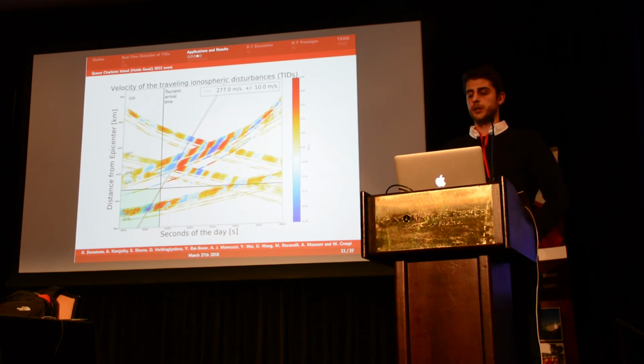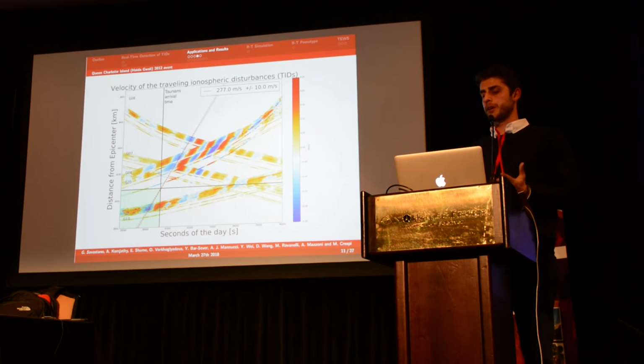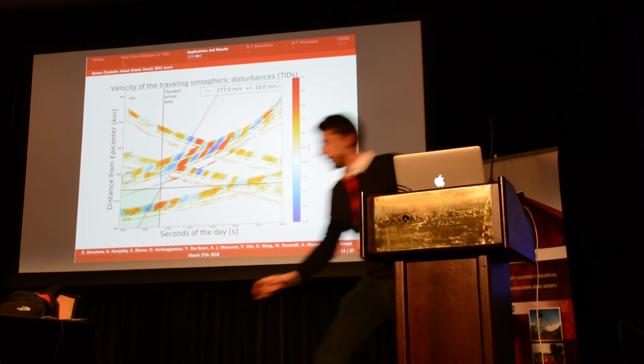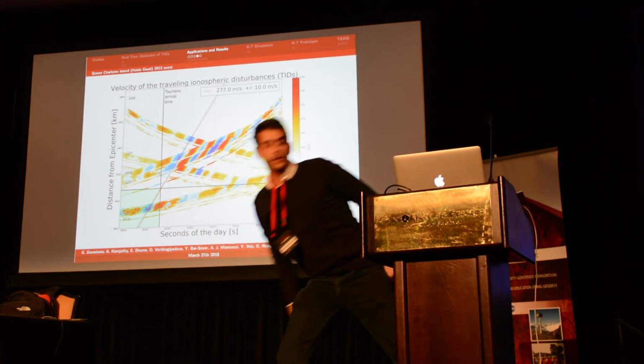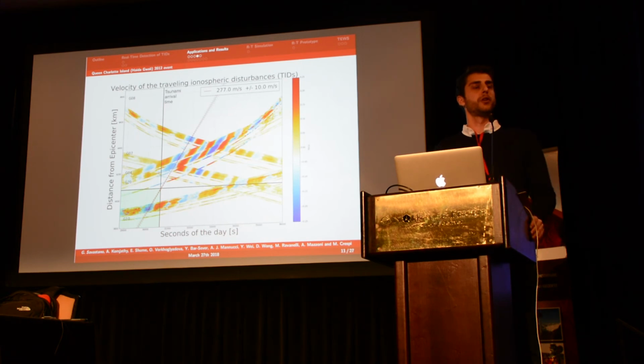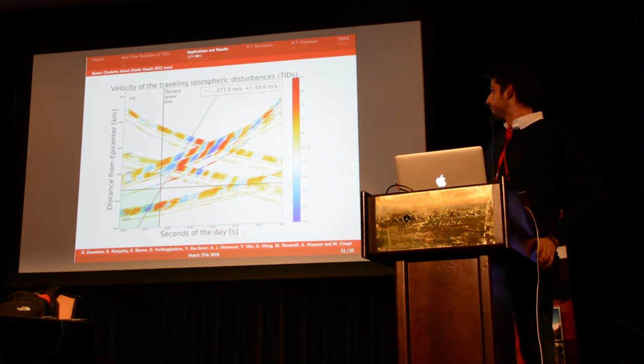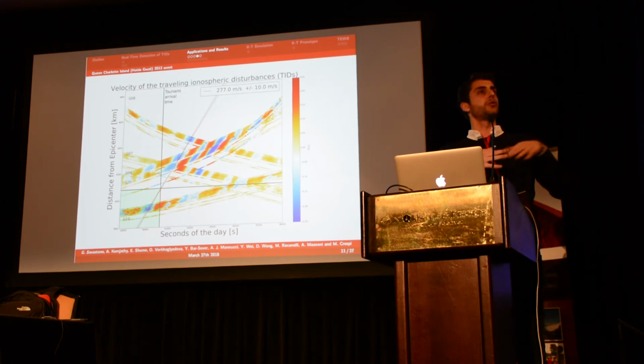The way we are able to separate this event is basically by fixing the geometry. So in the case of earthquakes, we know the epicenter within 5 minutes. So we can compute the distance from the epicenter, and we can estimate the propagation of this wave.